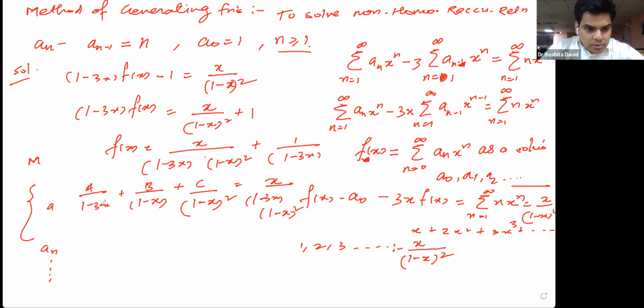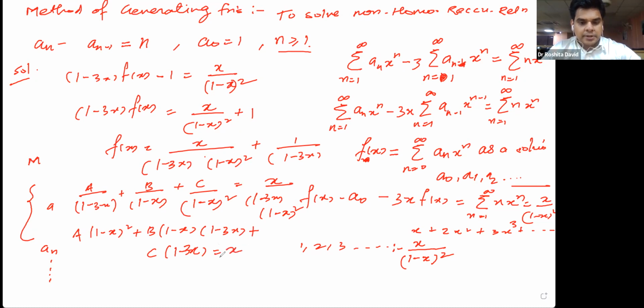Right? So this is going to be a times (1 minus x) square plus b times (1 minus x)(1 minus 3x) plus c times (1 minus 3x), which is equal to x.